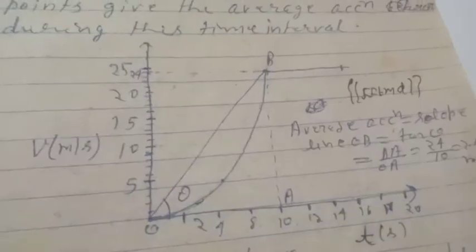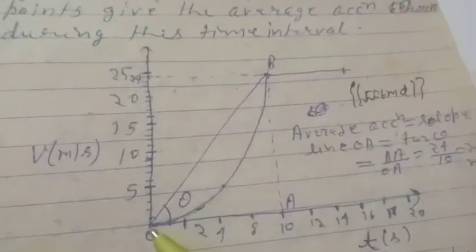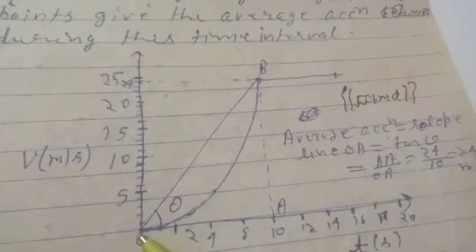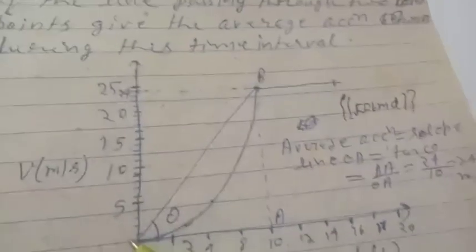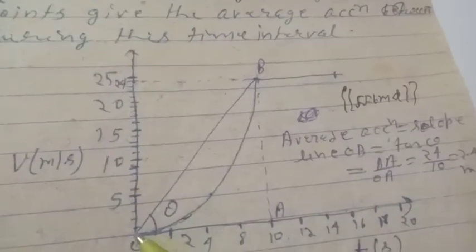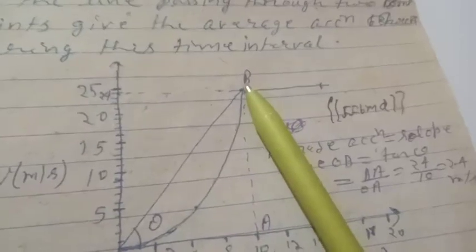Here a graph is shown between velocity and time, and we take the origin as a reference point, and we have to find the average acceleration between point A and point B.